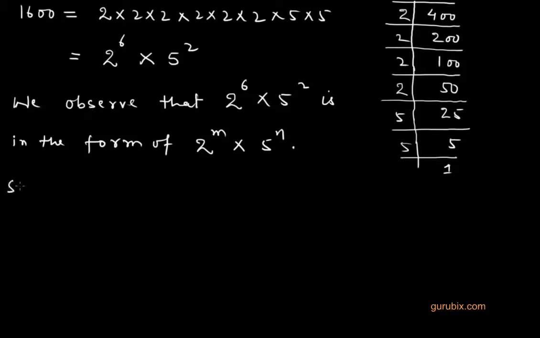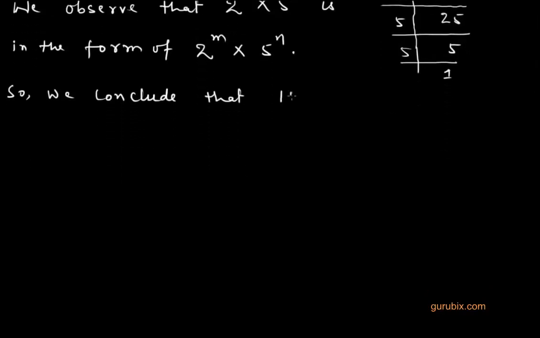So we conclude that 15 over 1600 has a terminating decimal expansion.